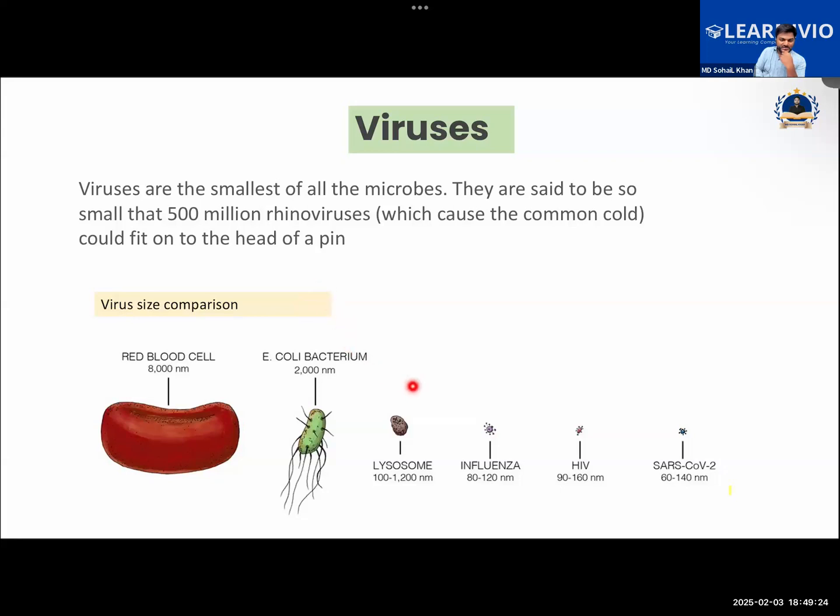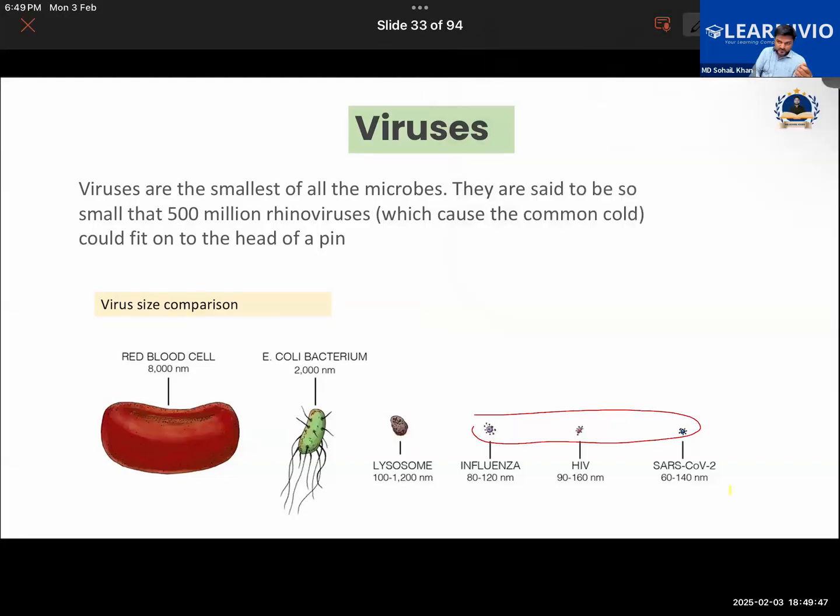And here is the size comparison of different cells. You are given virus cells also, like SARS-CoV-2, HIV, and influenza. These are three different types of viruses. In comparison to this, compare it with the lysosome. I think some of you would be aware of lysosomes.